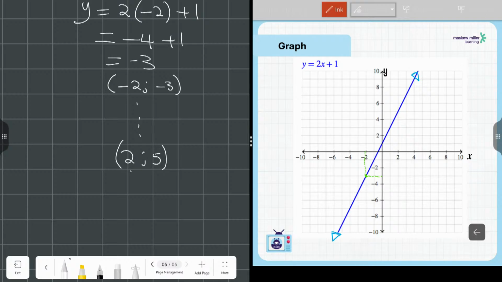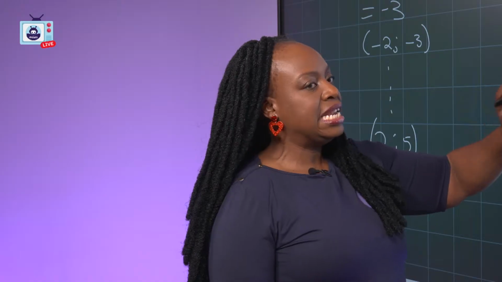Where x is 2, y is 5, let's see. So where x is 2, which is this point here, if I put a ruler, I come here, I can see that my y is 5 there. So these are the points we are talking about. So by finding those 2 points, basically I can put my ruler and I can draw my straight line graph very smooth and clear.